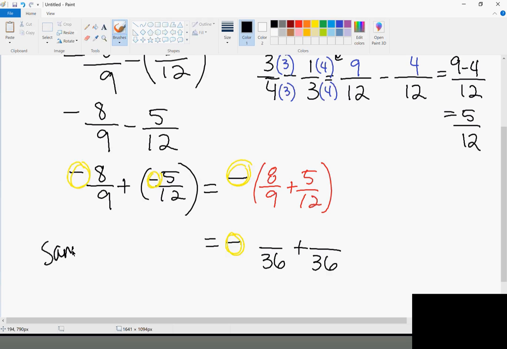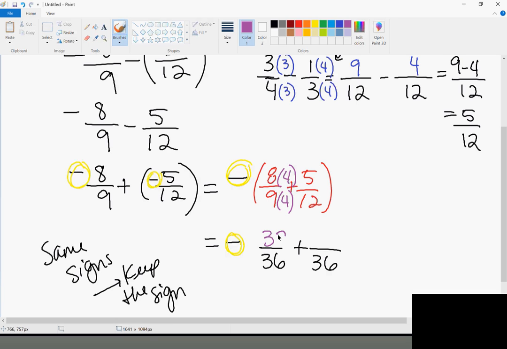Same sign, so we keep the sign. This is for adding integers. Okay, so 9 times 4 is 36. So the equivalent fraction here will be 8 times 4 is 32.